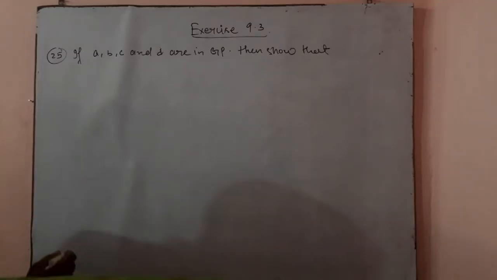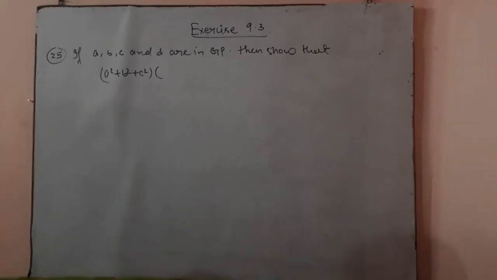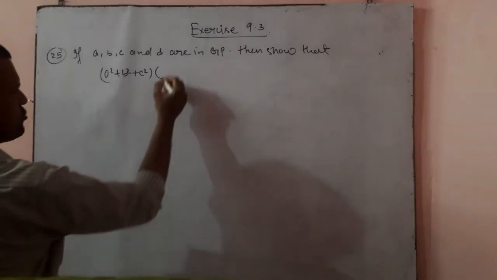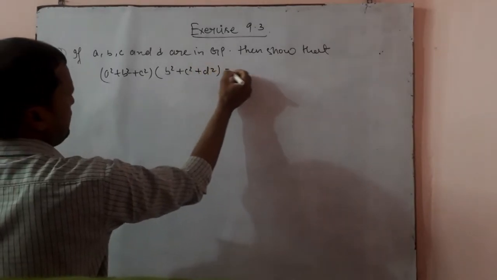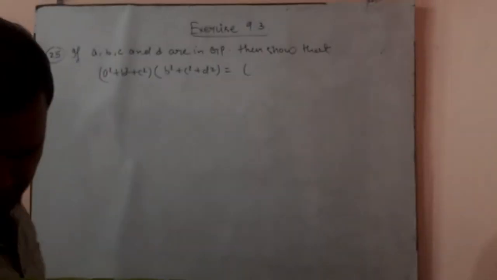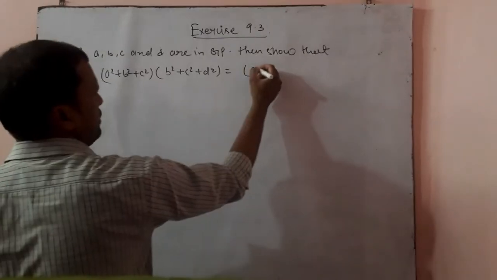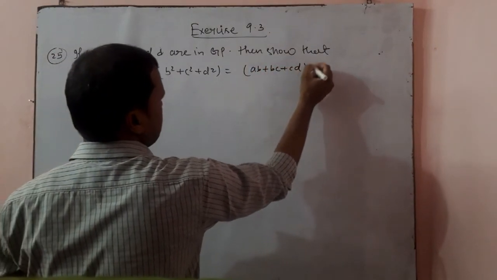(A square plus B square plus C square) in first bracket, in second bracket (B square plus C square plus D square), is equal to (AB plus BC plus CD) whole square.